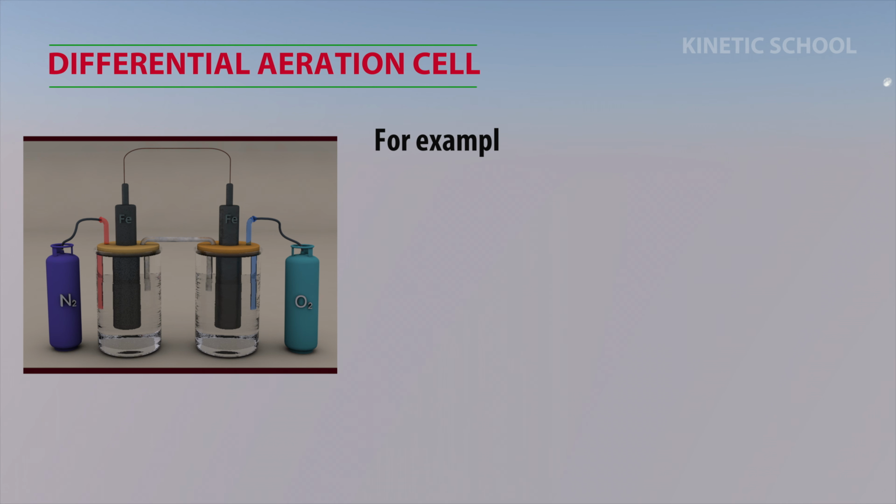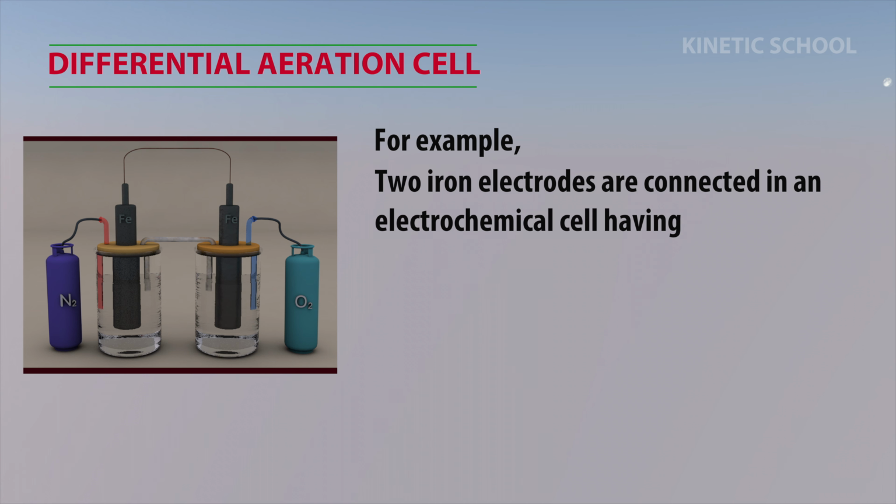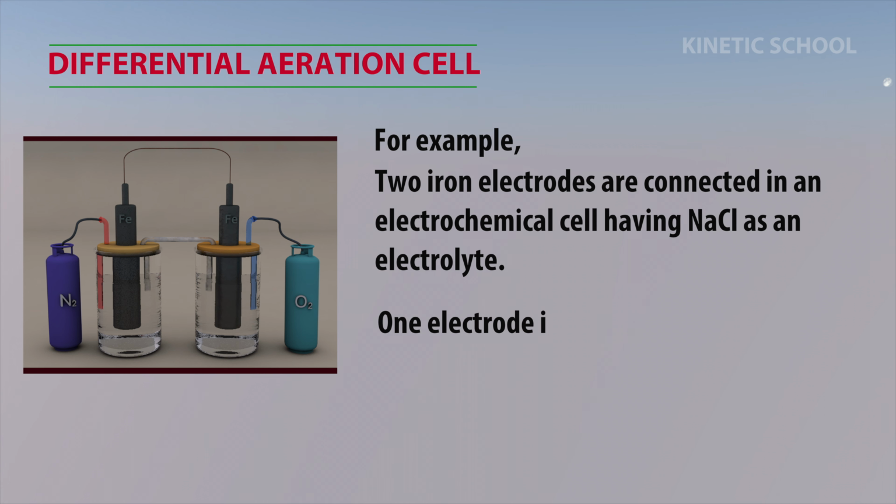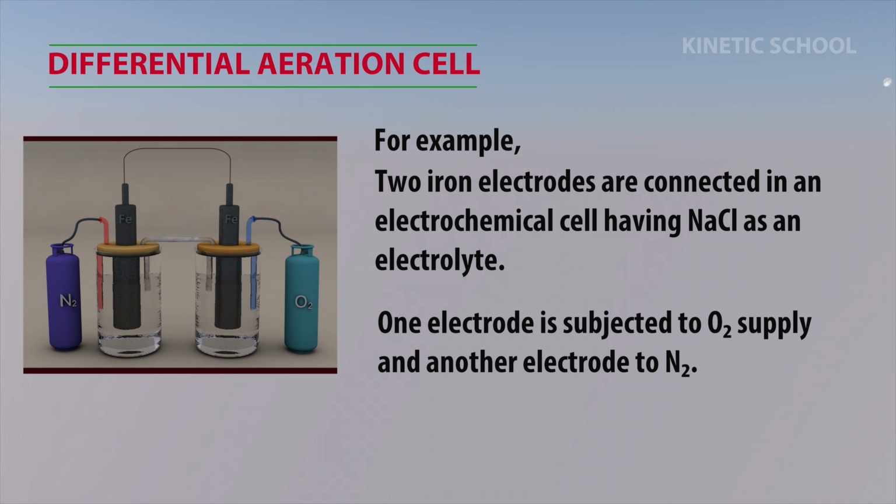For example, two iron electrodes are connected in an electrochemical cell, having sodium chloride as an electrolyte. One electrode is subjected to oxygen supply, and another electrode to nitrogen.